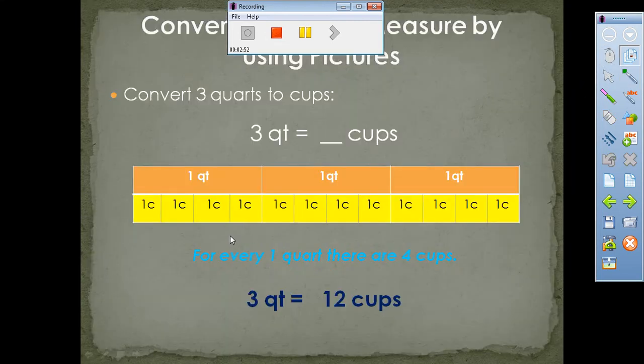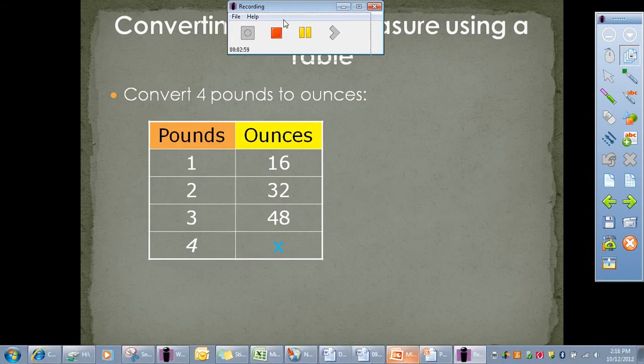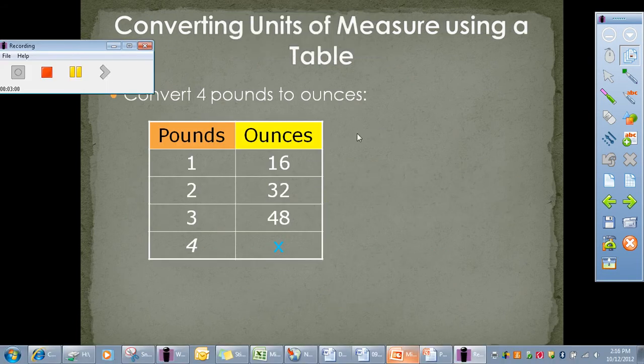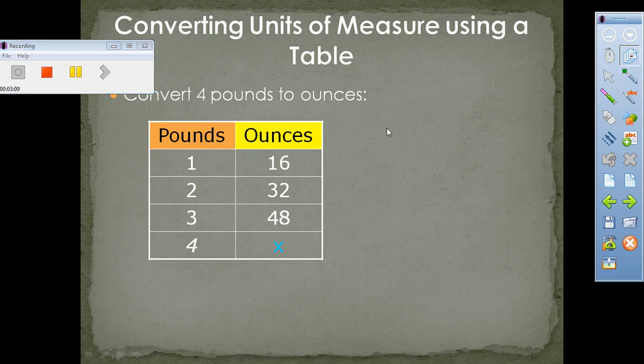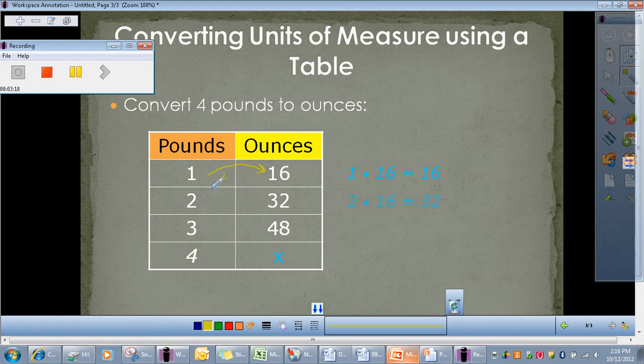Alright. You could also convert measurement using a table. So here we have a table. We have pounds and ounces. And if we look at this, each step from one side of the table to the other side of the table is times 16.